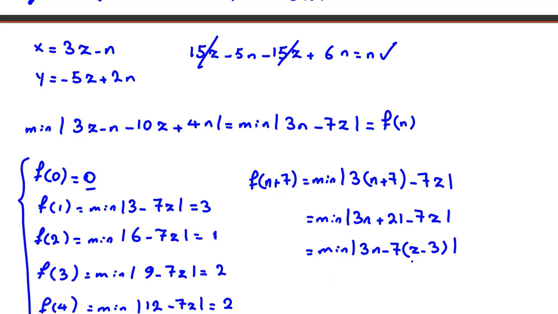And we can say z minus 3 is a variable, for example w, any variable. It's the minimum of 3n minus 7w, which is equal to f of n. So we can understand the period is 7.